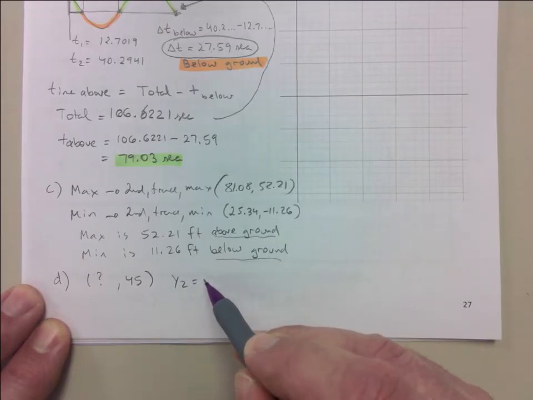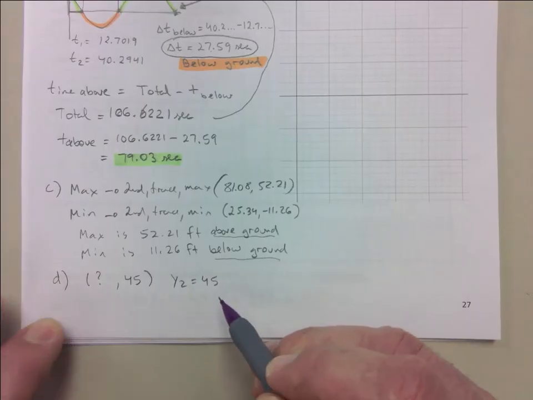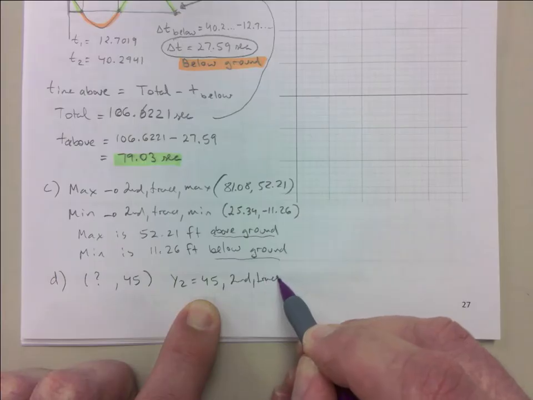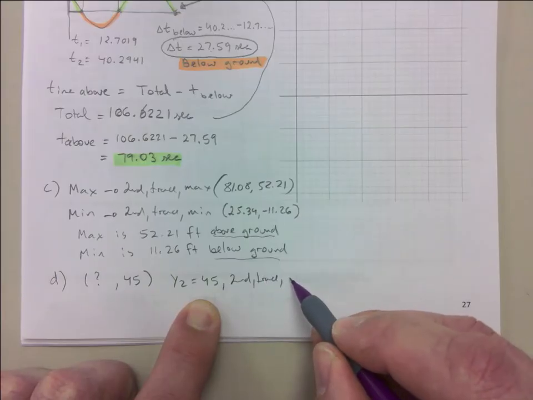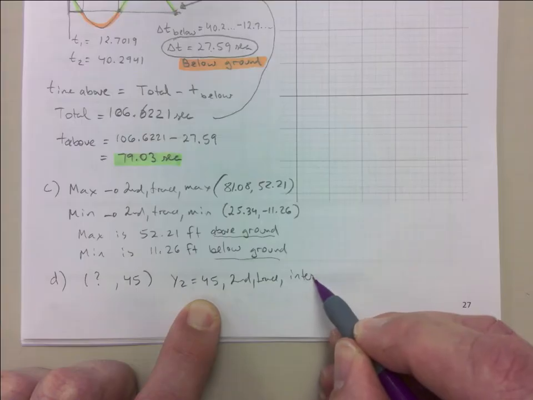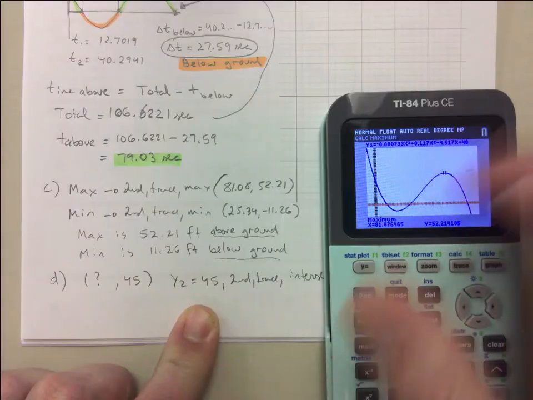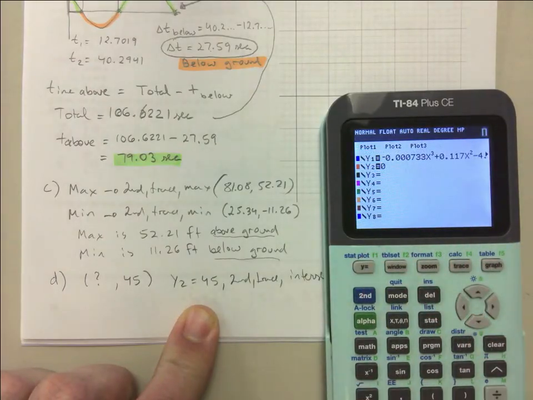When you have that scenario, you want to let y2 be that y value, and then second trace, intersect. Y2 is 45.